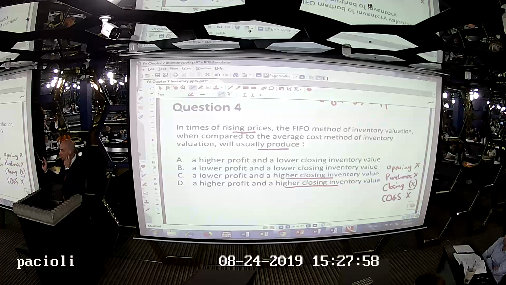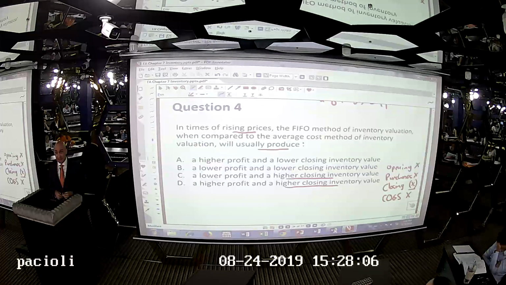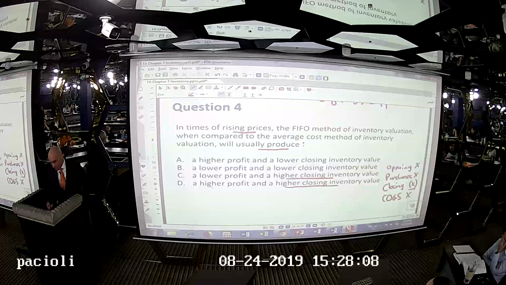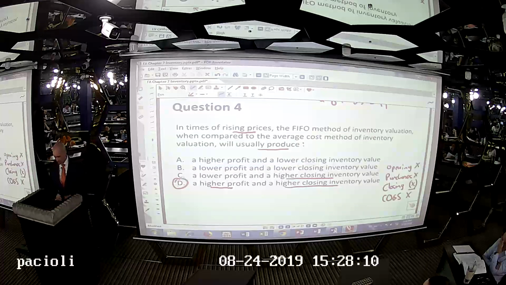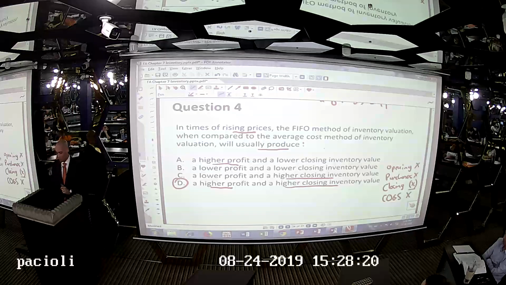So if the closing inventory is big, the cost of goods sold will be small. Cost of goods sold is small, your profit is big. So you have a higher profit. So some of you chose A, higher profit. That's right, higher profit, but it should be a higher closing inventory value.